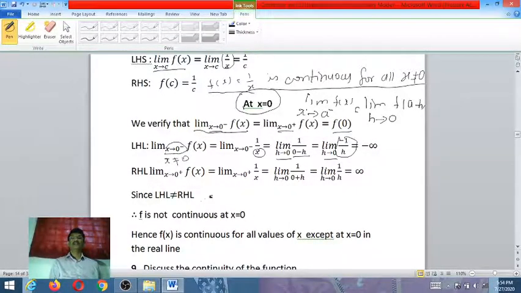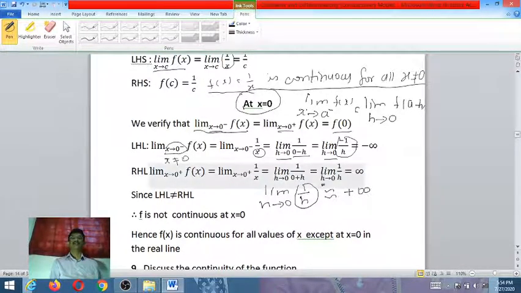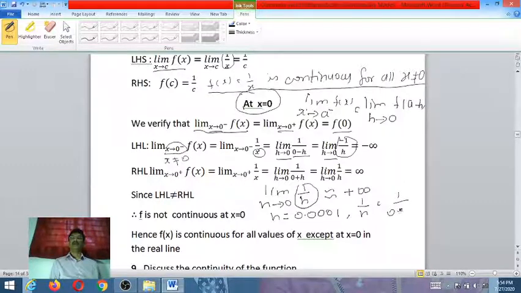Now look at here. Whenever h is very close to 0, remember the limit of 1 by h, this quantity becomes a very large quantity. This will be approximately equal to plus infinity, because if you take h equal to, say, 0.0001, then what is the value of 1 by h? It is 1 by 0.0001.